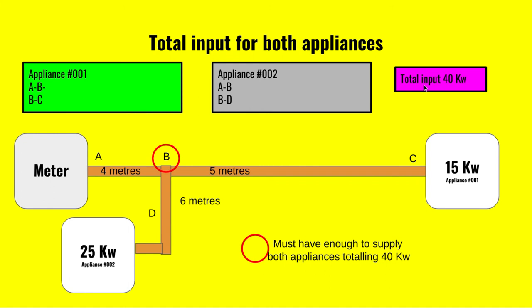So we've got two appliances, total heat input in kilowatts is 40, so we've got 15 at appliance 1 and 25 at appliance 2. And don't forget we're going from A to B, and then from B to C for appliance number 1, and for appliance number 2, A to B, and then from B to D.